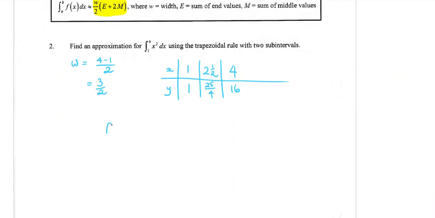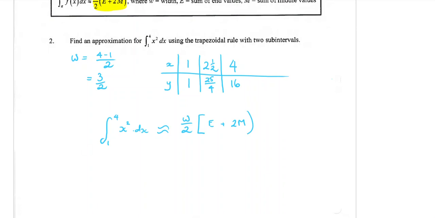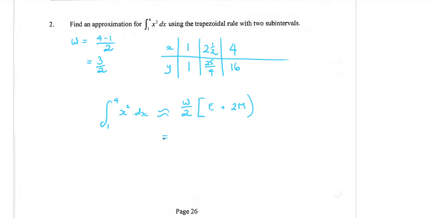So here is my original integral. It is going to be approximately equal to, I'll write the formula down. The width over 2, I want the ends plus 2 lots of the middle. Okay, that's my shorter formula. So the width we worked out was 3 over 2.